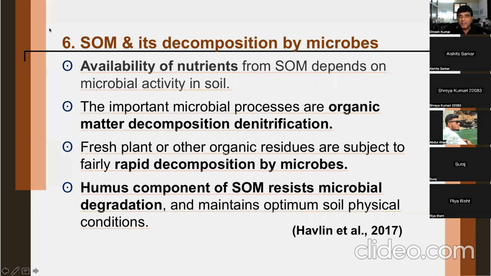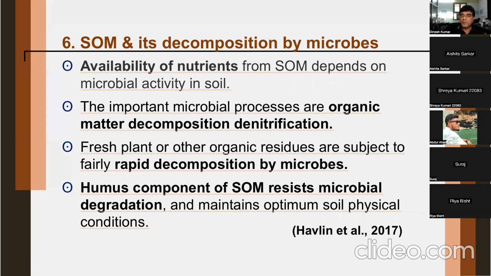Now, the 6th point is how soil organic matter and its decomposition by microbes will affect the nutrient availability. It is quite natural that the higher the soil organic matter, the higher the microbial activity, which will increase the nutrient availability.